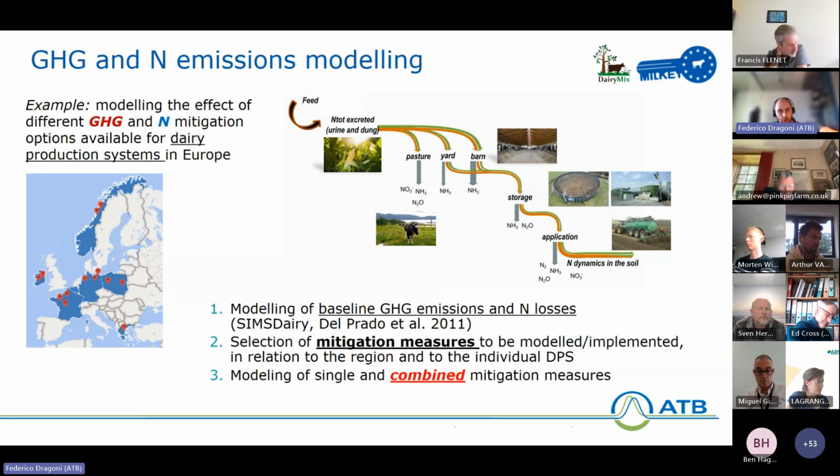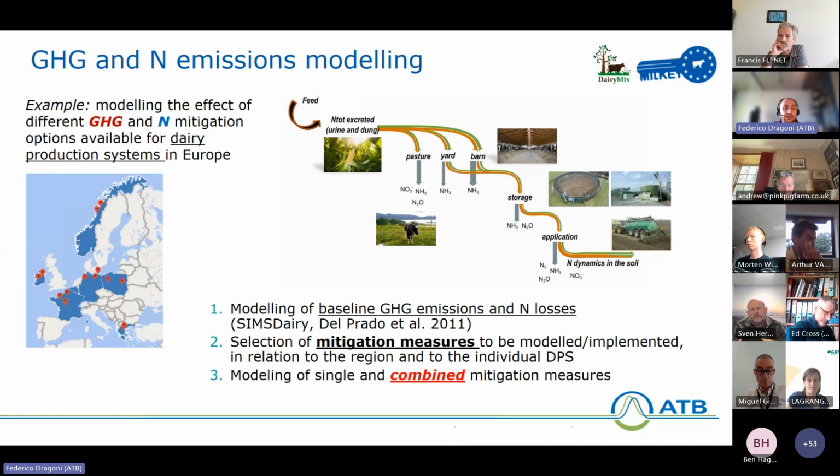And this is also, let's say, a hotspot for losses, and that depends very much on the technique applied and the environmental conditions. So proper modeling takes all these components into account, and all the nitrogen compounds, because they're different. And this is done why? For instance, to model the effect of potential mitigation measures.